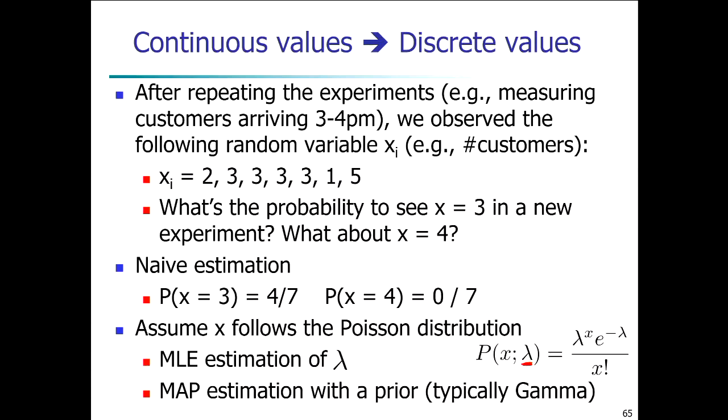So you can imagine that if I give you different lambdas, lambda 1 and lambda 2, the probability of seeing x equal to 2 will have different values, right? Because the formula is going to be different. And the probability of seeing x equal to 3 is going to be different too. So which lambda should I choose?